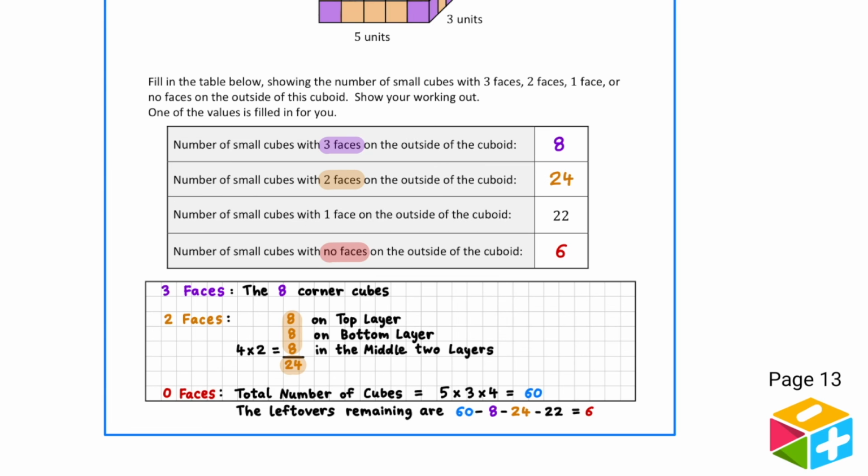The number of cubes with no faces will simply be the leftovers that are needed to make up a total of 60. We can find the leftovers which are needed by subtracting each of the other numbers from 60. So we get 60 minus 8 minus 24 minus 22. This comes out as 6.